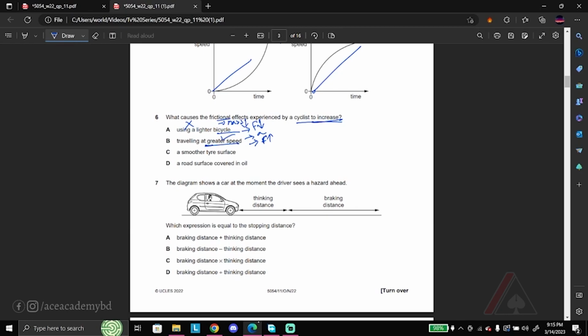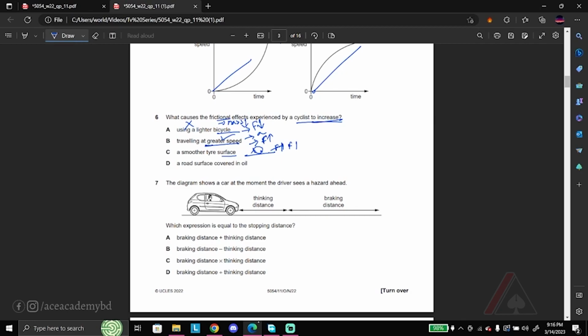So let's see option C, which says smoother tire surface. So if the tire is smooth, then it will be difficult to stop the car. In other words, the frictional force between the tire and the ground will be more. So yeah, the frictional force actually increases.